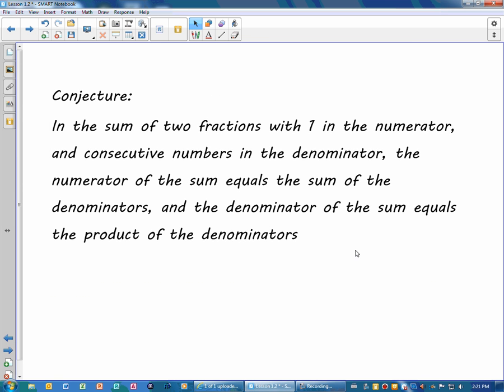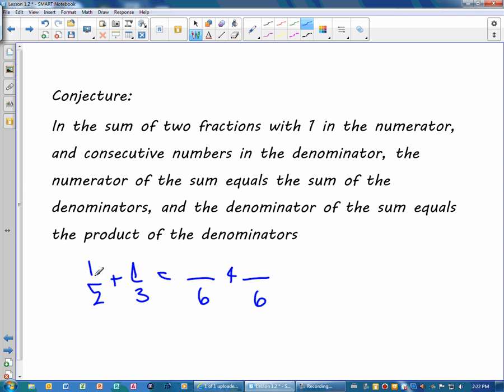Okay, so remember we had, for example, 1 over 2 plus 1 over 3. So if we were going to add them, we would need a common denominator of 6. 2 times 3, that would become 3. 3 times 2, that would become a 2. We would end up with 5 over 6.